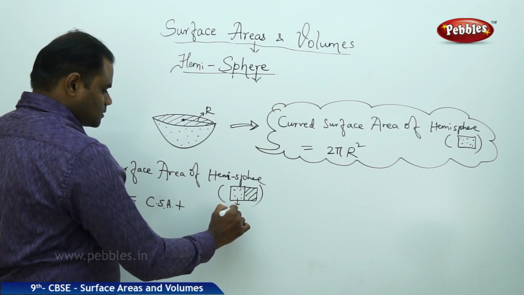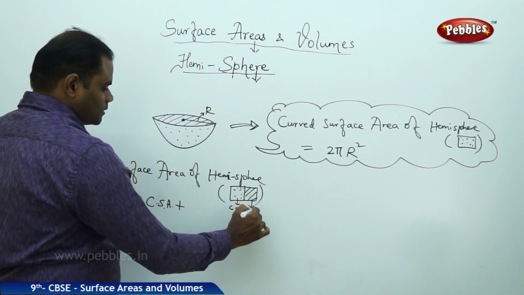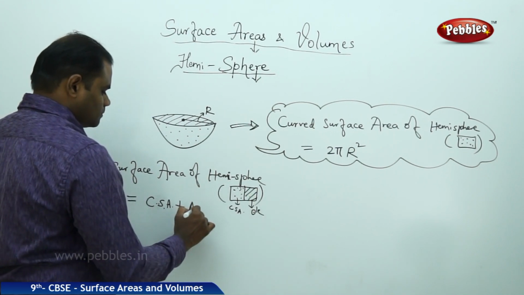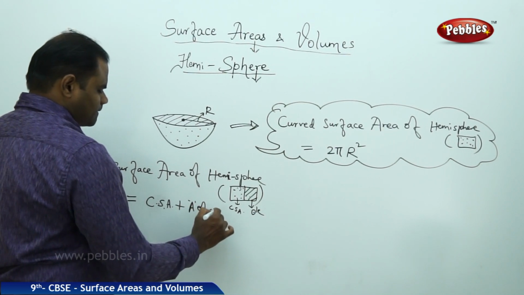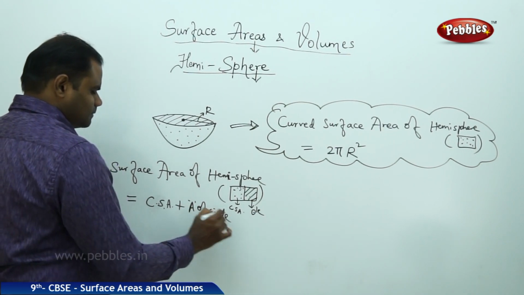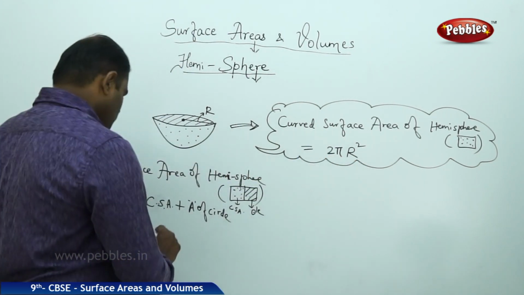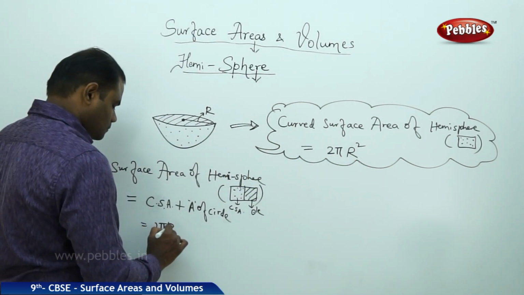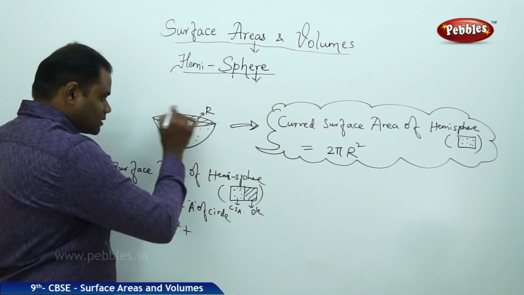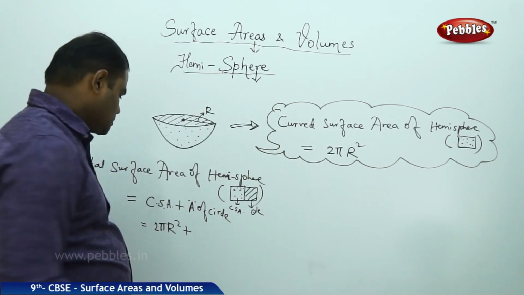So this represents the CSA and this represents the circle. The curved surface area is already found to be 2 pi r squared, and the area of a circle, we all know, is pi r squared.